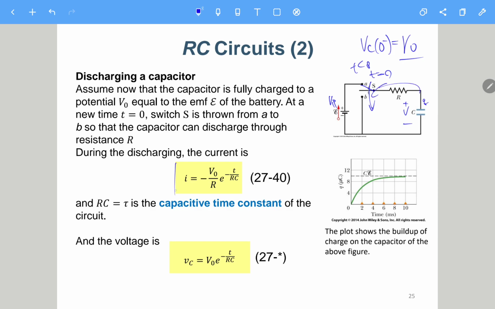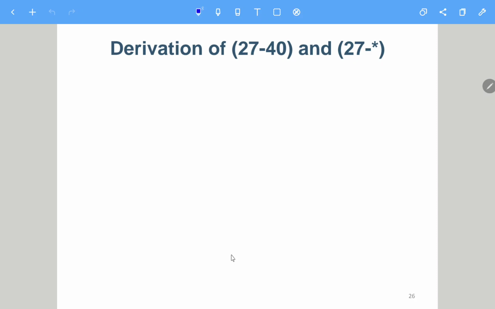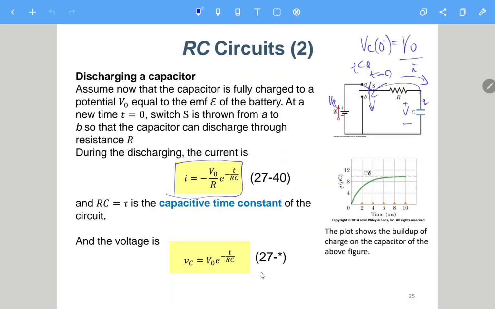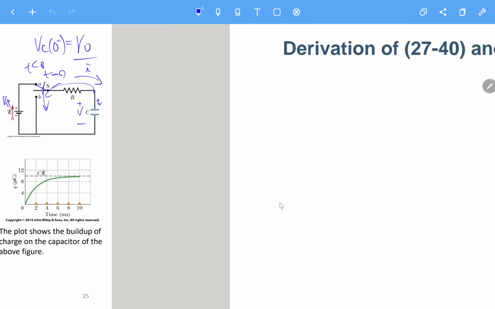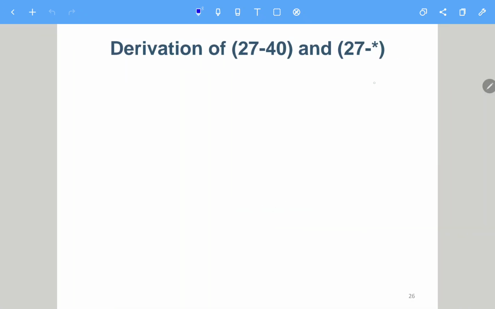Okay, and then the current I will be like this. Of course, I still remains in that direction, so I is a negative value, and then VC will be an exponential decay. So we can still derive this, and actually it is easier because we only have RC in series, connected to nothing else.